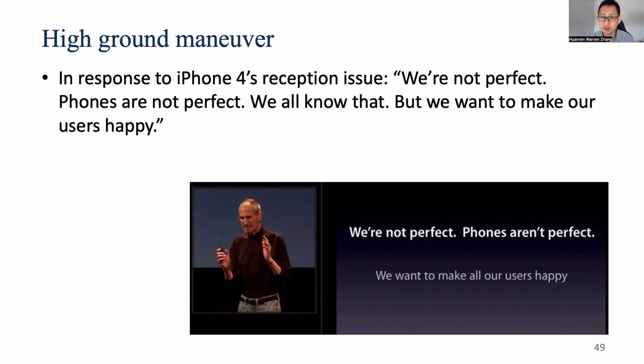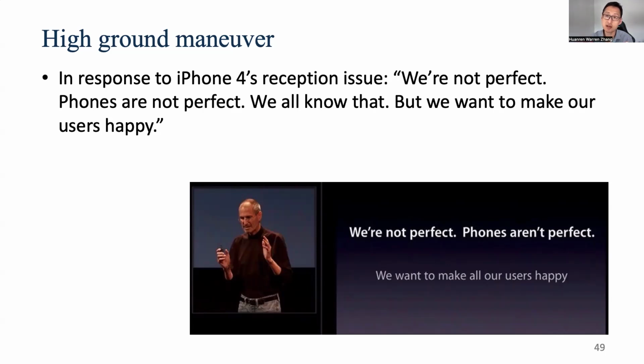Right? So now, after you have made this argument to a higher level, it's difficult for the critics to still focus on the small issues. Of course, it's not saying that you should not solve the issue. It's important to solve the issue. And actually later, Jobs presented the solutions to solve this issue immediately.